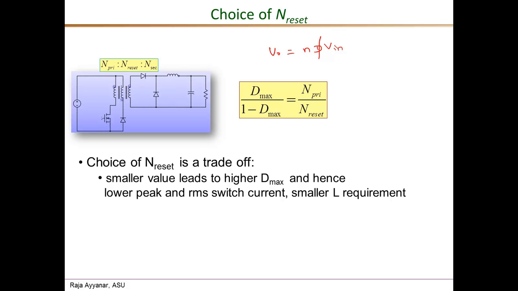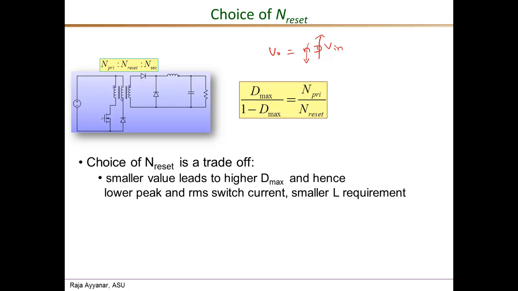So if you increase D for a given Vin and given output voltage, you can reduce the N. So N secondary turns can be lower, and therefore the current reflected on the primary side, and therefore the MOSFET current, will be N times IO. So lower value of N results in lower peak and therefore lower RMS current through the primary winding, and more importantly through the MOSFET, and that's a big advantage.